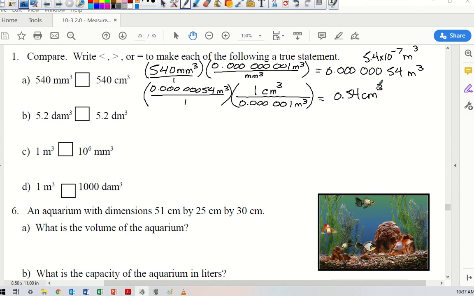Which means that 540 cubic centimeters is bigger than 540 cubic millimeters. That makes sense because a centimeter is bigger than a millimeter. And it's 540 for both. Two-step process, make sure you keep track of your zeros.